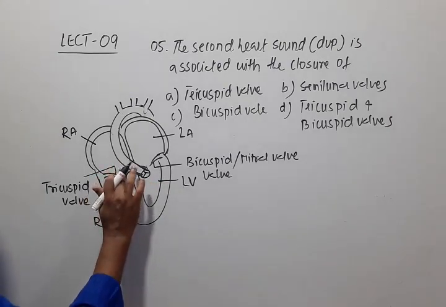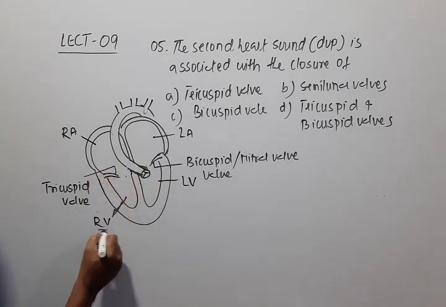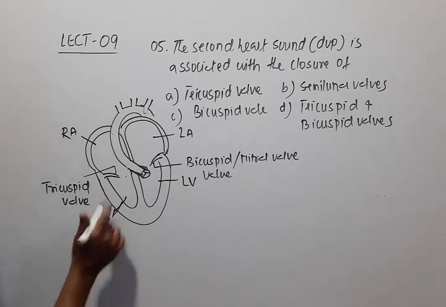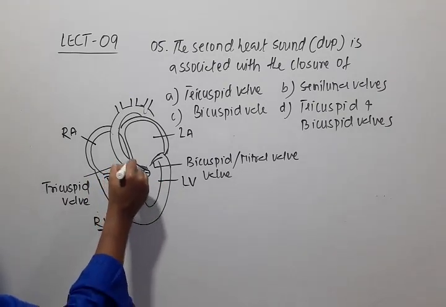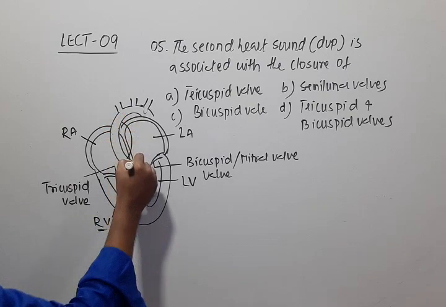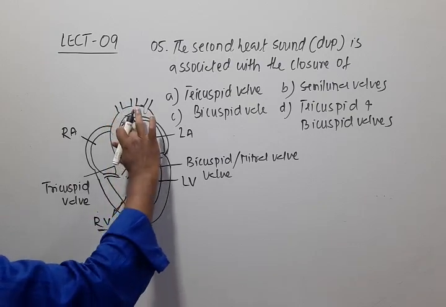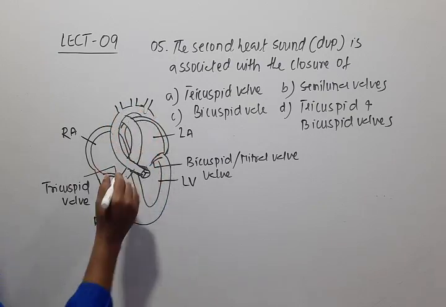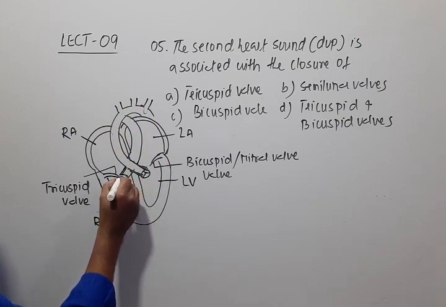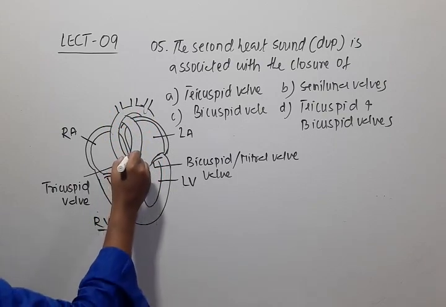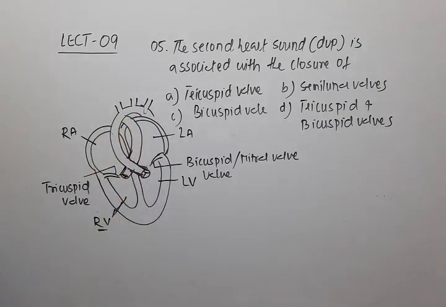On the other hand, from the right ventricle arises the pulmonary artery, and that is also guarded by semilunar valves.